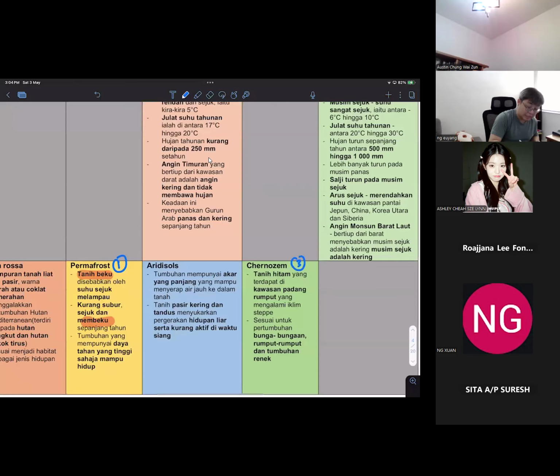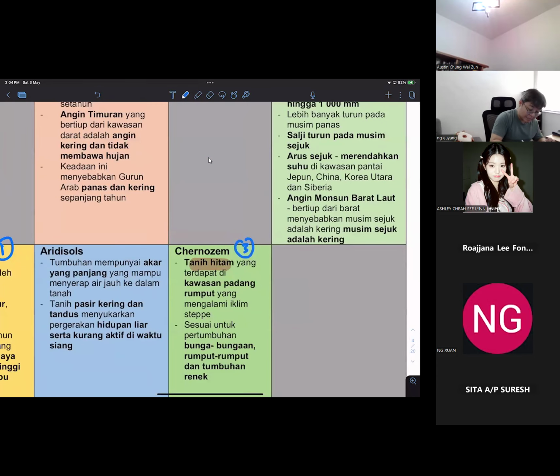This is your tanah Chernozem. So tanah Chernozem also has the same ciri, right? Oh, they didn't mention ciri here. So this is tanah hitam, but the tanah hitam terdapat di kawasan. So write down beku. Sorry, my handwriting. Beku. So tanah Chernozem is beku, but only for musim sejuk.